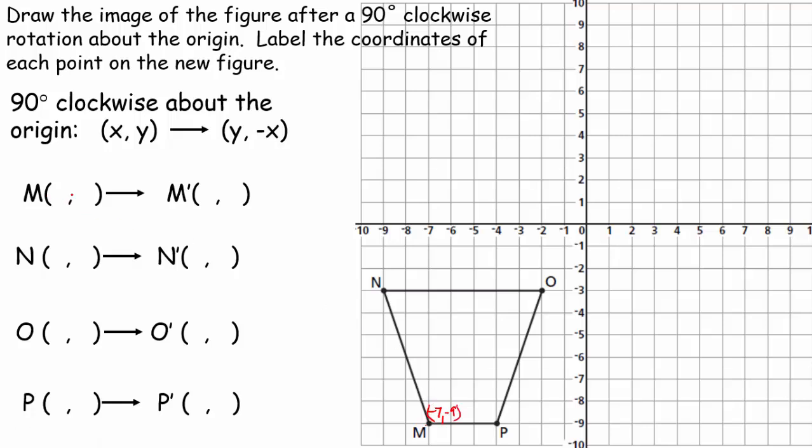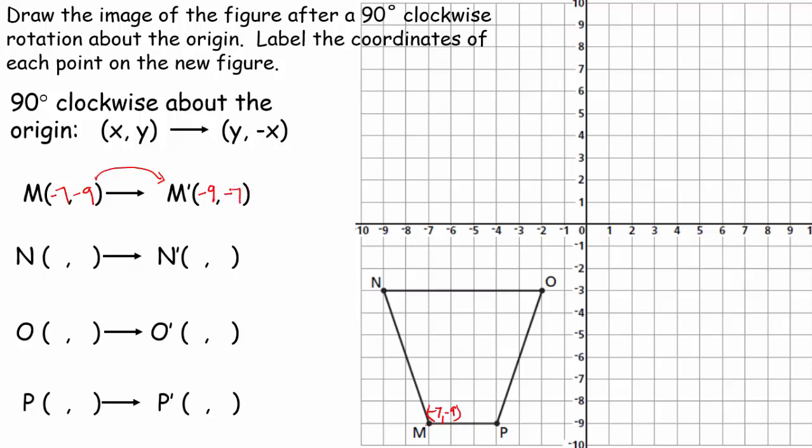I'm going to go ahead and write that in over here, -7, -9. Now, if I apply the rule that I established on the previous slide, x, y becomes y, negative x, first thing I have to do is switch the order of my coordinates. So let's go ahead and do that. Because x, y becomes y, x, I am now going to write the -9 first, and then the -7.